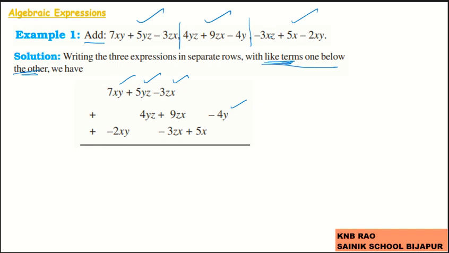Then in the third one, minus 3xz, 3xz is the same as zx. So I am rearranging the terms and writing.